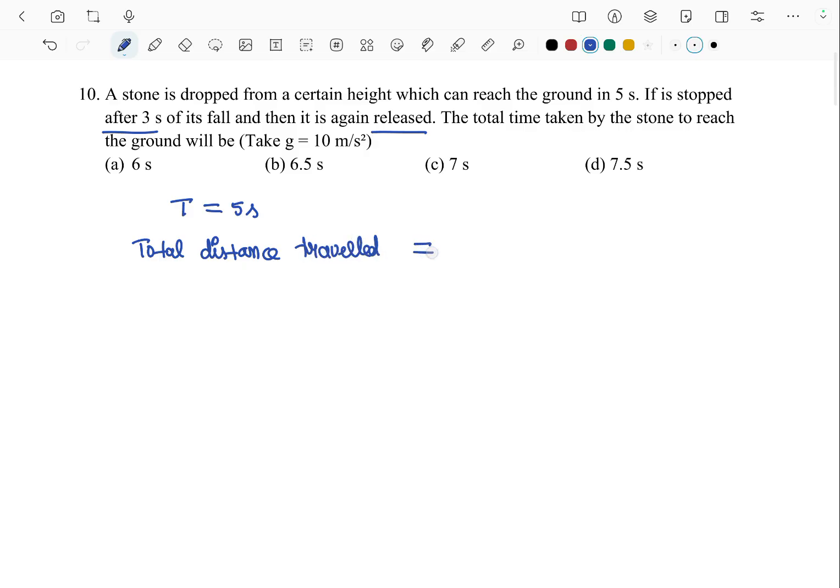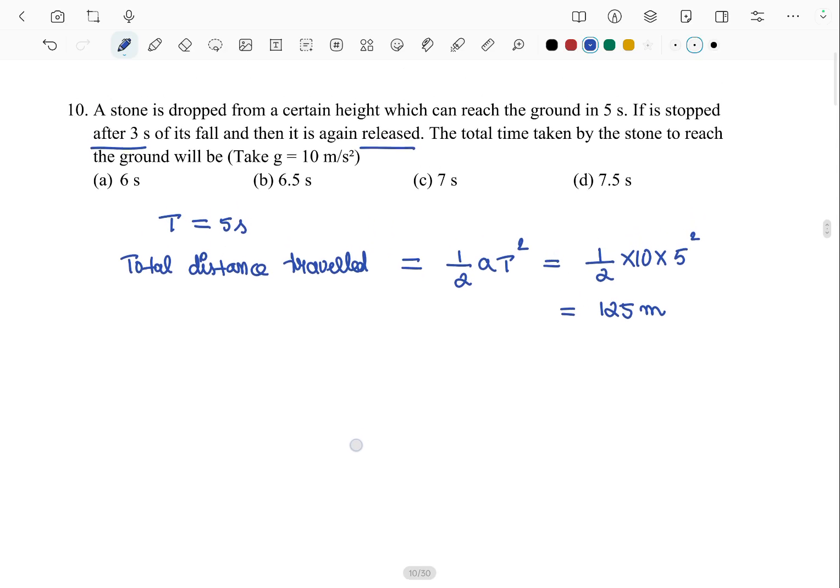Total distance traveled will be equal to half into a into t square, which is half into 10 into the total time given as 5 square. Therefore this is going to become 125 meter, the total distance traveled. The total distance for 5 seconds we got.